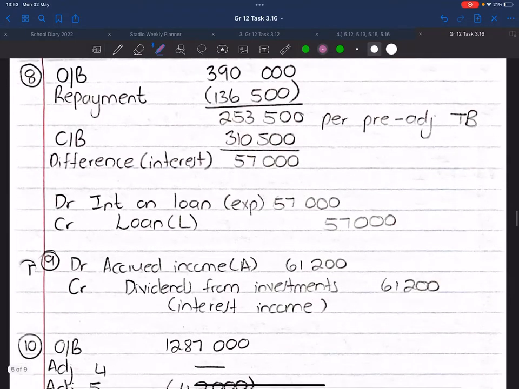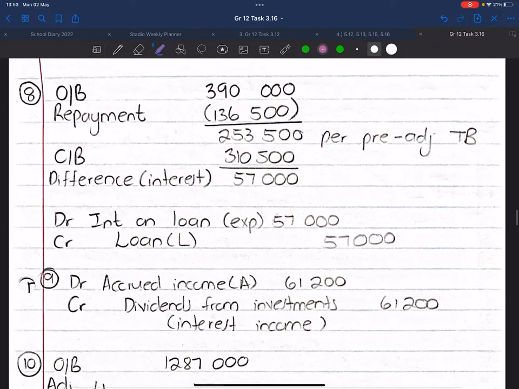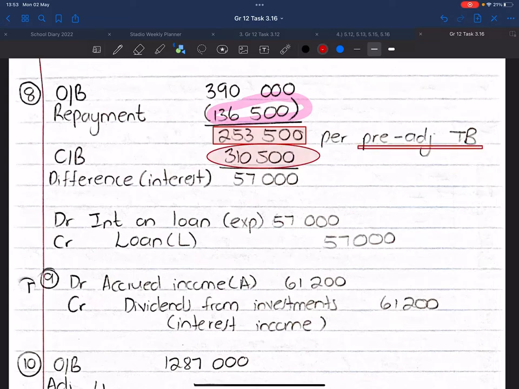Okay. Then number 8, the loan statement reflects the following. So we have the opening balance, and they told us that there's a repayment. So this is the balance after the repayments, and that's the same balance that we have per our pre-adjustment trial balance. Then we have a balance at year end, and then they told us that the interest hasn't been accounted for, and the difference is the interest, because this is what we have per our pre-adjustment trial balance.